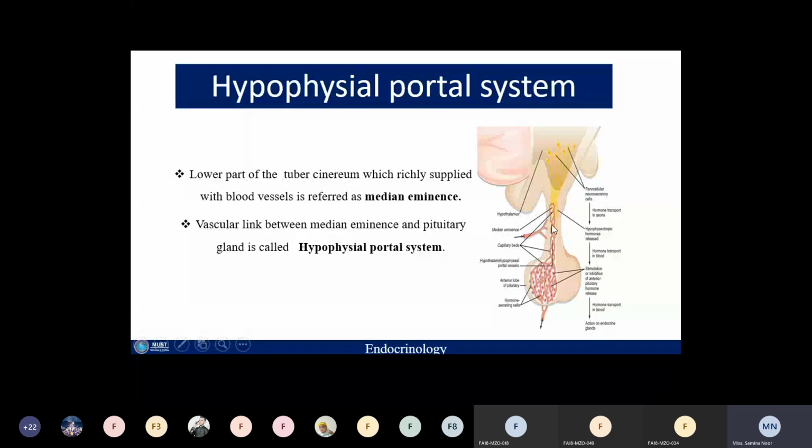This region provides a link, a connection, between the hypothalamus and the pituitary gland. Such a link or connection, which consists of blood vessels, is known as the hypophyseal portal system.